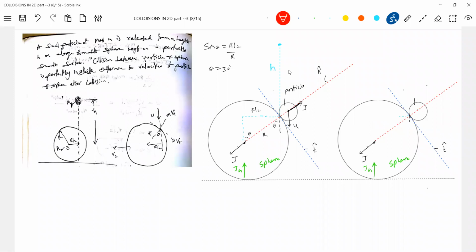How must the sphere move? In what direction? I'm using the word must. It must move horizontally, no? It must move horizontally. So I'll assume now the normal component. So this is Vn and let this be Vt.